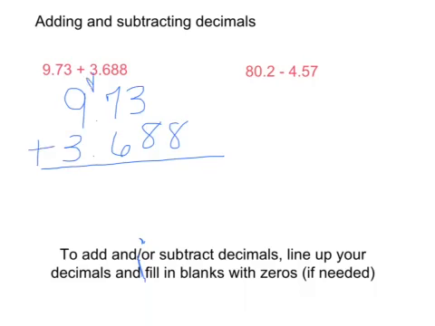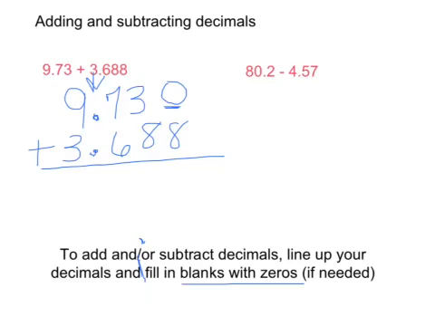Here's where my decimals, they are right on top of each other. From here, this part where it says fill in the blanks with zeros, what that's looking at is, you can tell there's actually an extra digit in the second number. So right here there's a blank, and what we're going to do is just fill that in with the 0.